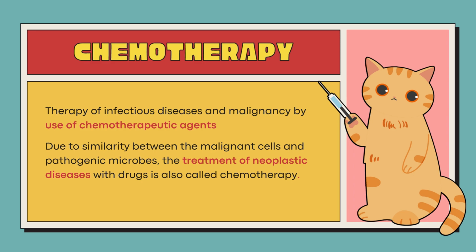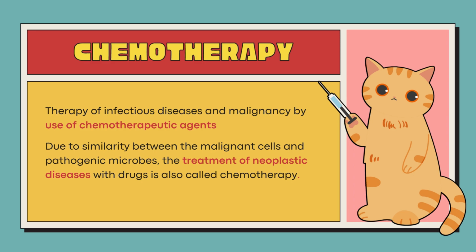Chemotherapy is therapy of infectious diseases and malignancy by use of chemicals called chemotherapeutic agents. It may be defined as the treatment of systemic infection, which is caused by bacteria, viruses, fungi, protozoa, helminths, etc., or malignancy with specific chemicals that have selective toxicity for the infecting organism or malignant cell with no or minimal effects on the host cell.